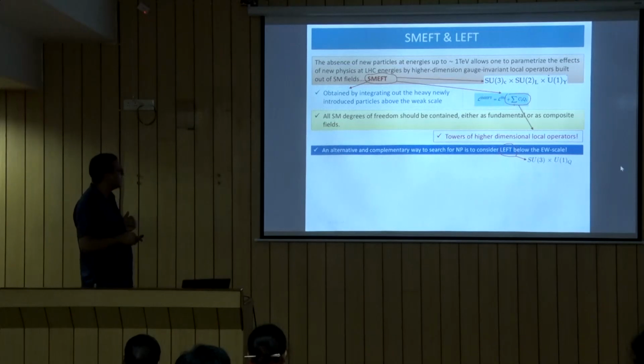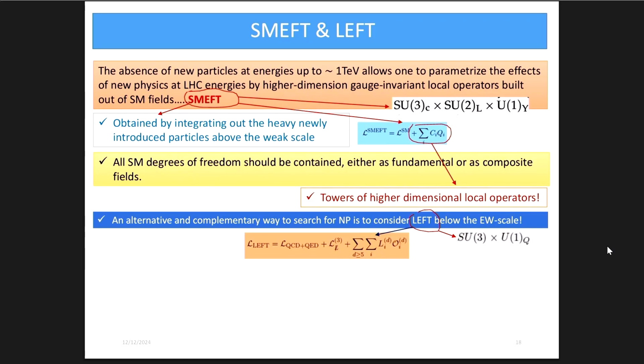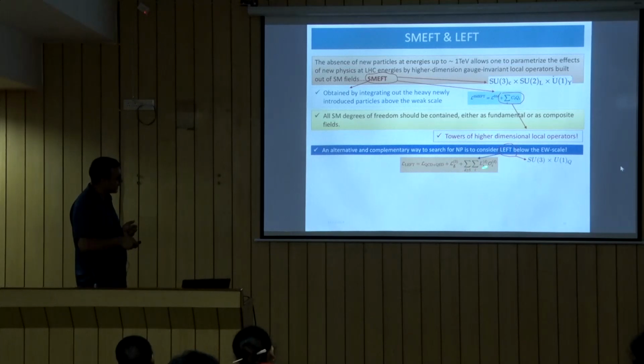So, the symmetry group would be SU(3)×U(1), because the SU(2) content is not there, and that is what the LEFT Lagrangian will be. So, it should have all the QCD, QED interactions of the standard model, and then you have some dimension-3 operators, which will be useful for Majorana mass generation, the Majorana mass term, and then the high dimensional operators which are greater than or equal to 5.